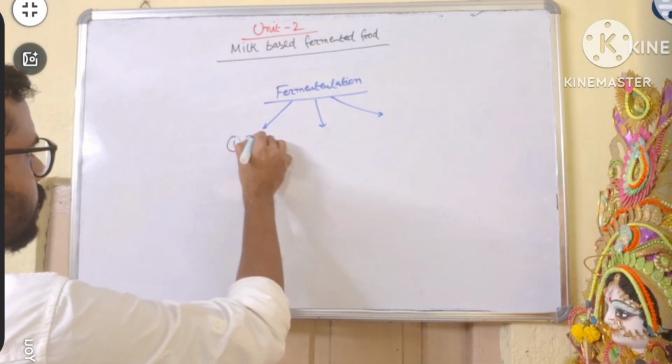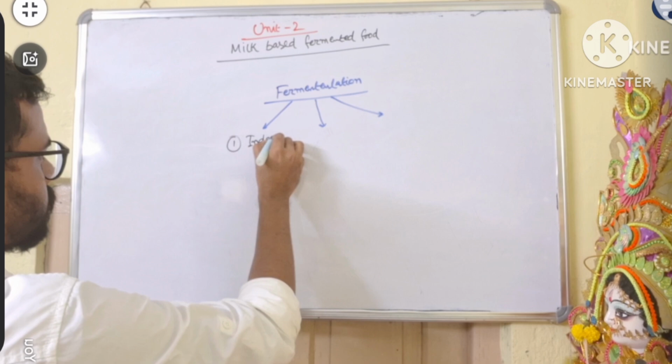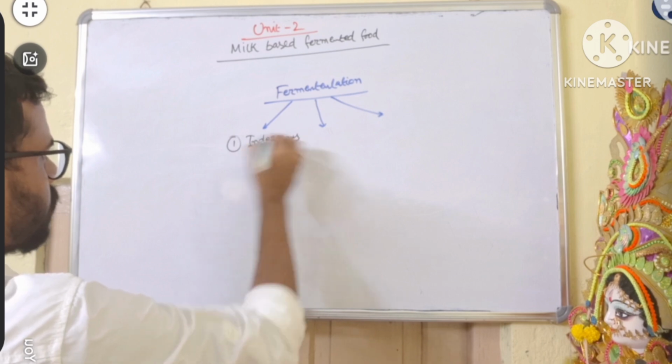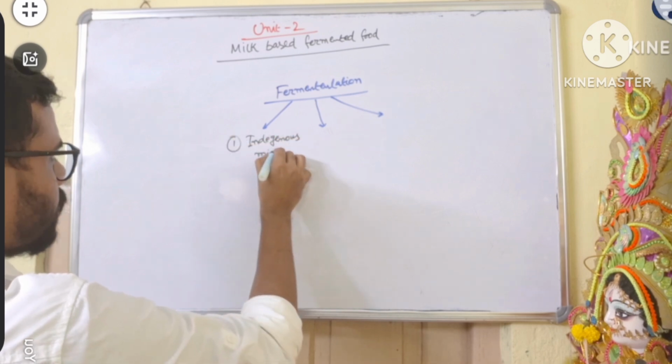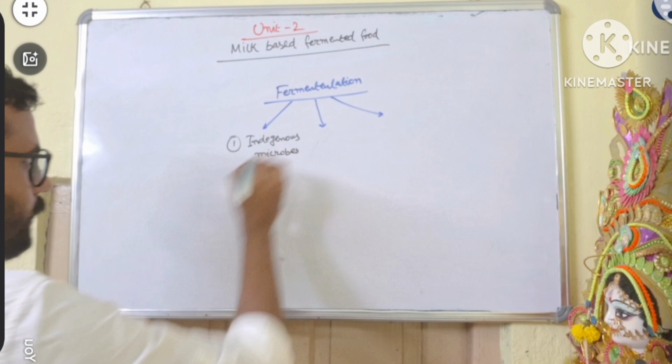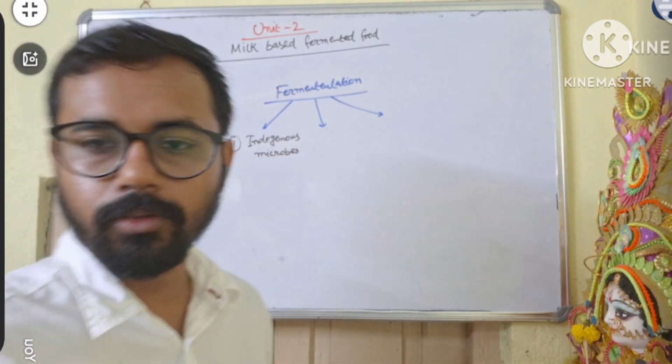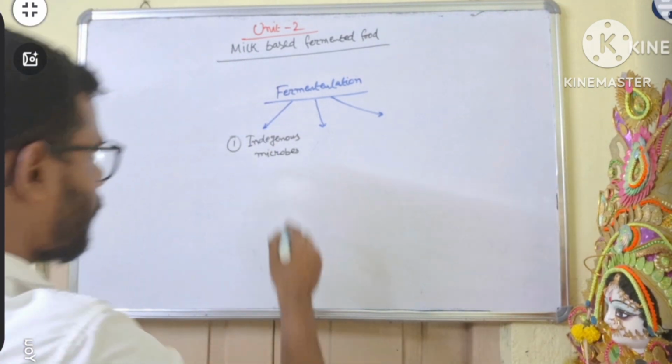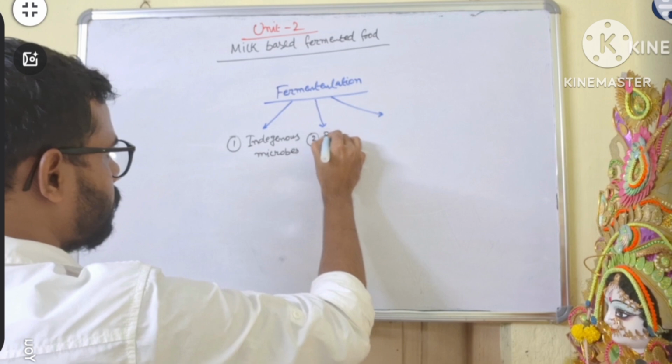The first method is using indigenous microbes, that means microbes present inside the food naturally. Those are called indigenous microbes.